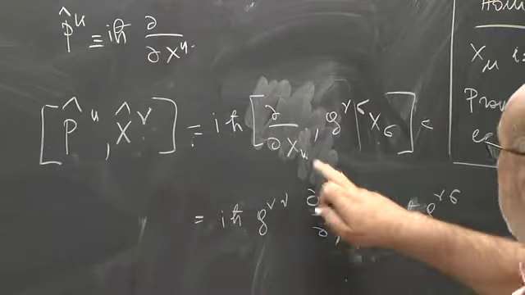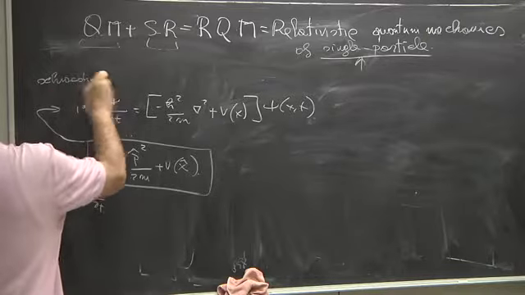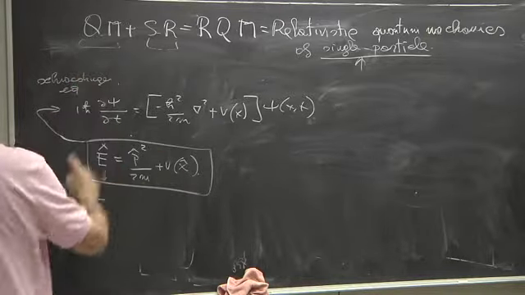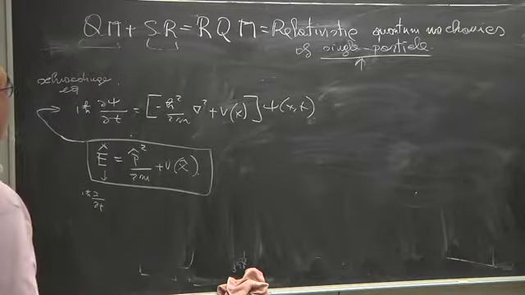And we realize this as i h bar d dt and so on. So this equation, that is the Schrödinger equation, gives us the energy momentum relation, this relation.